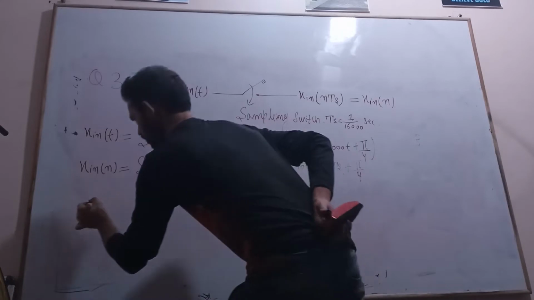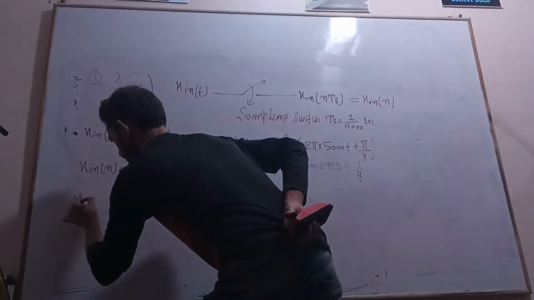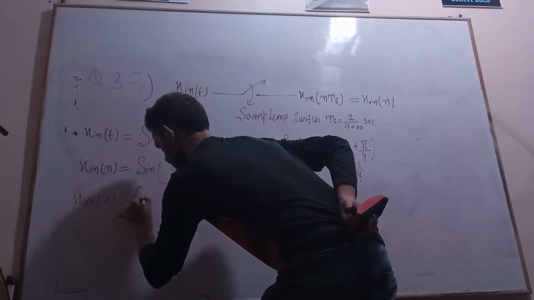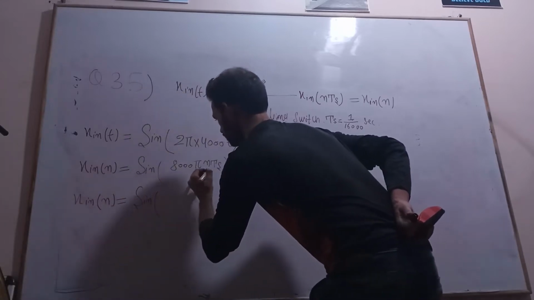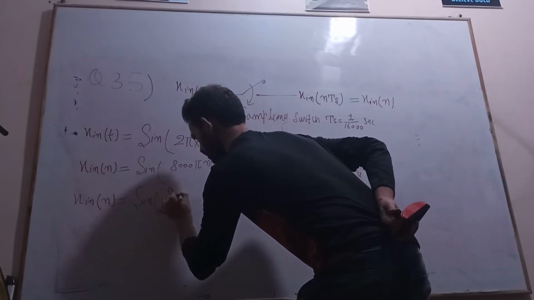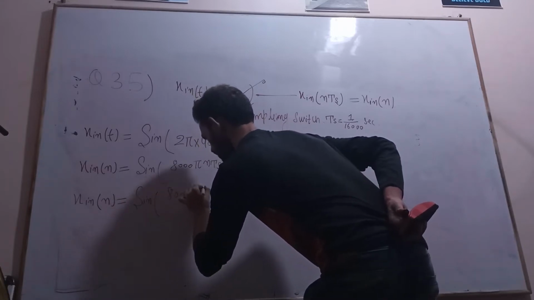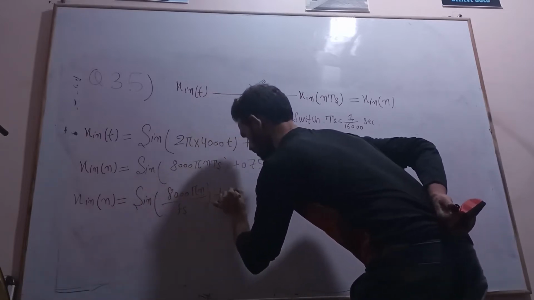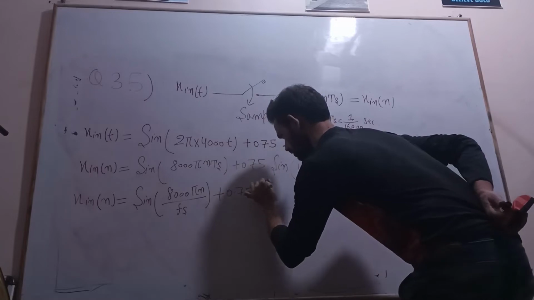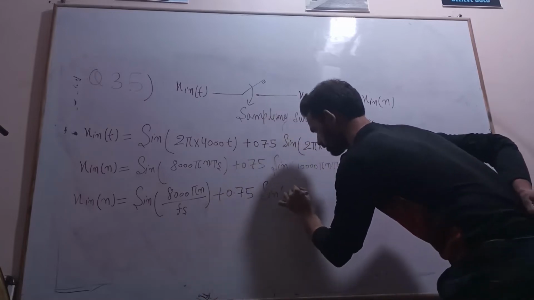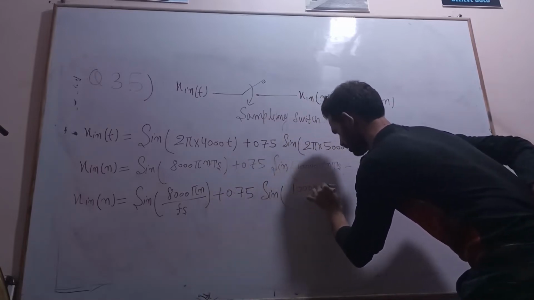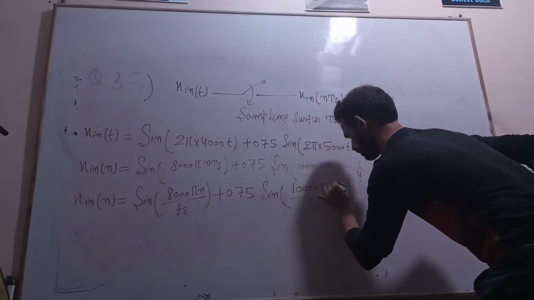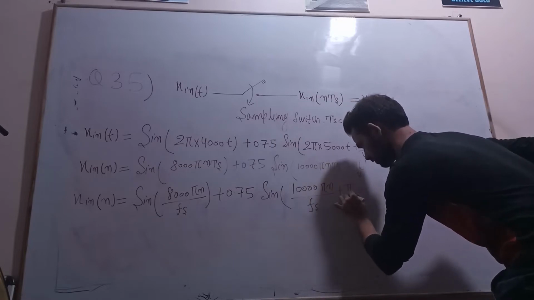Then x in of n is equal to sine 8000 pi n divided by fs, plus 0.75 sine 10,000 pi n by fs plus pi by 4.